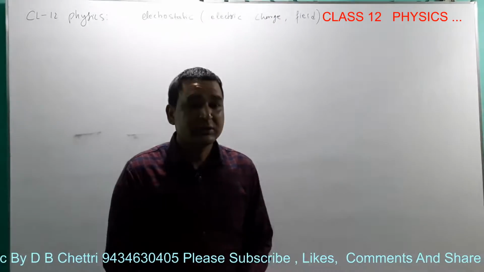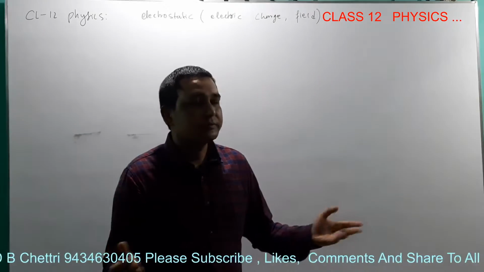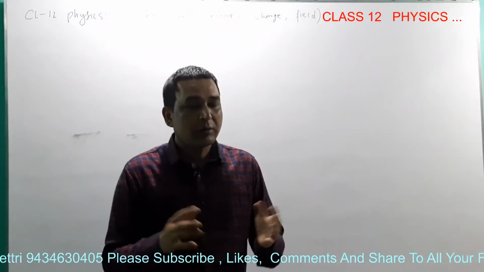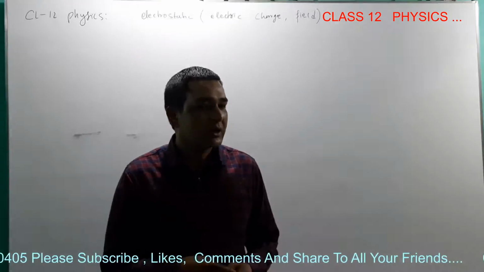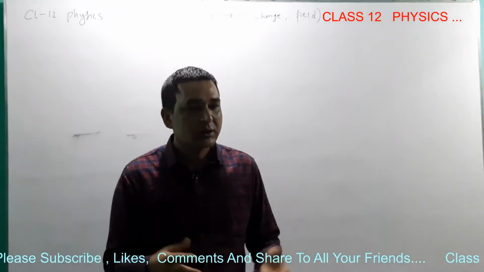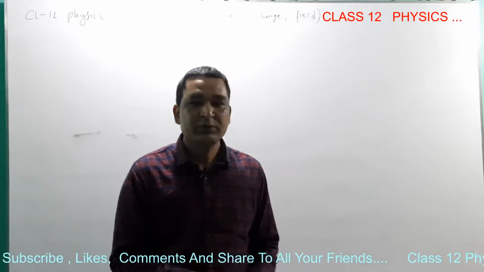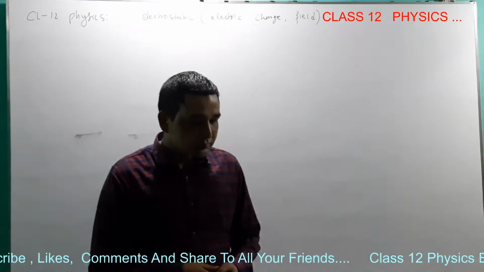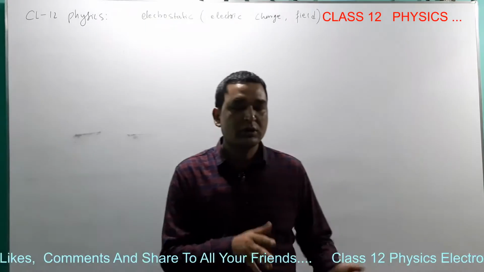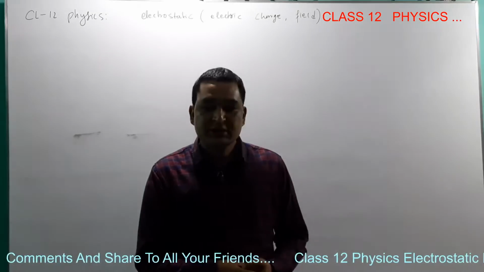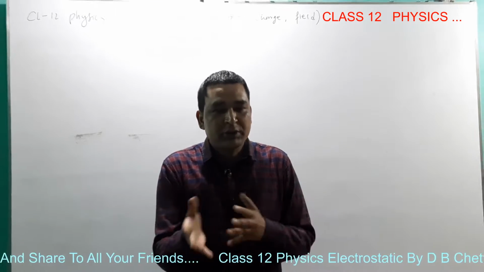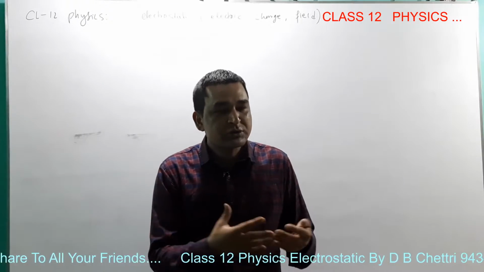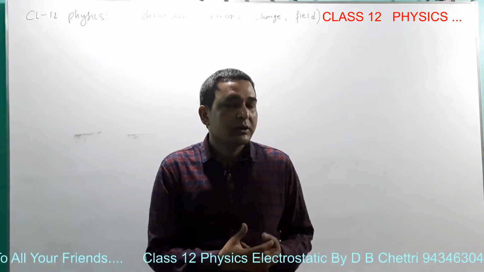How do they develop the charge? Because everything is made up of atoms, and atoms contain particles like electron and proton. If we rub a glass rod and a plastic rod, in the glass rod, as compared to the plastic rod, the electrons are bound loosely to their nucleus.